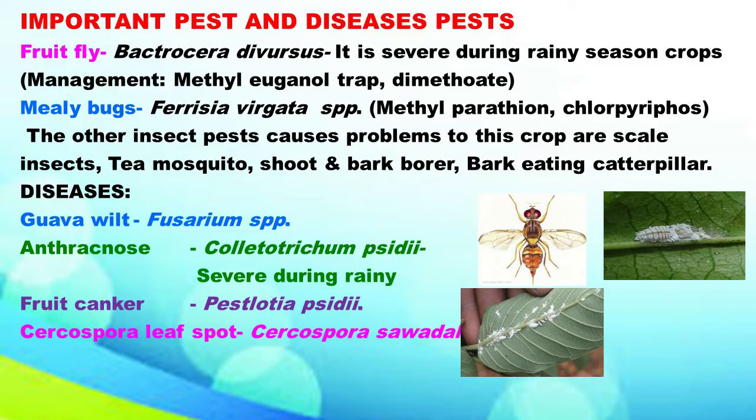Anthracnose is caused by Colletotrichum species and is severe during the rainy season. Fruit canker is caused by the fungus Pestalotia species, and Cercospora leaf spot by Cercospora species.